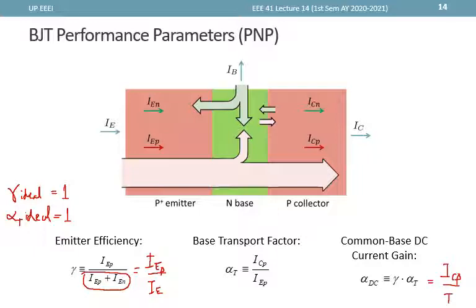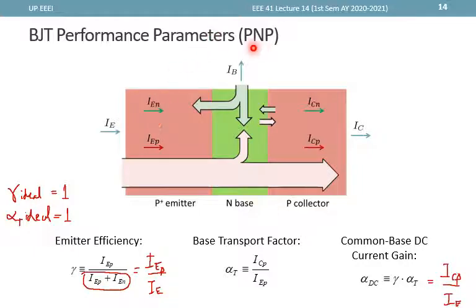And therefore alpha DC represents the ratio of the carrier current that was able to reach the collector from the overall current from the emitter side, including the minority carrier current, IEN in this case.